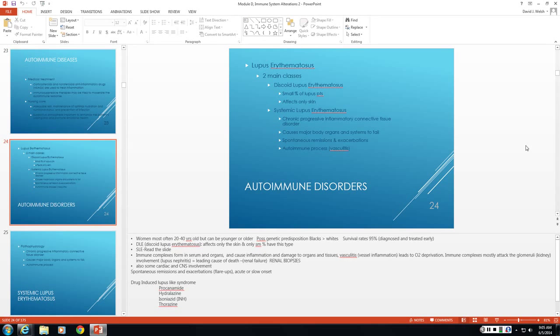There is a possible genetic predisposition, so African Americans are more often affected than whites are. Survival rates of these are usually 95% if it's diagnosed and treated early. Now, there are two main classes of lupus erythematosus.